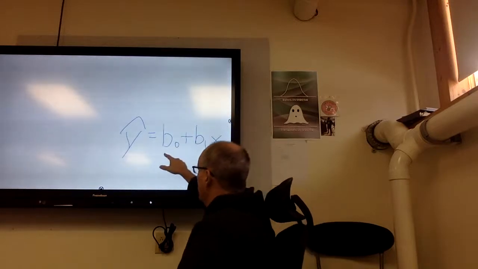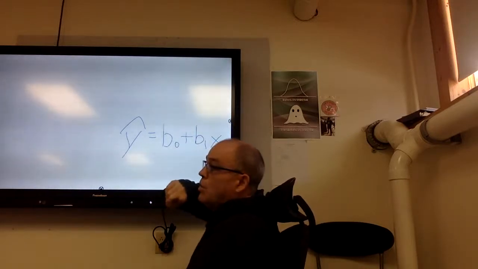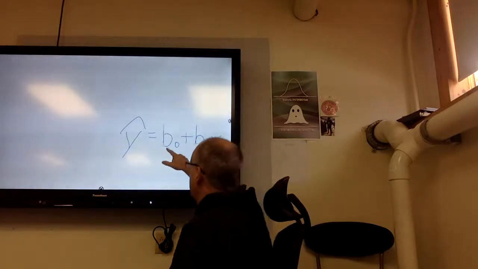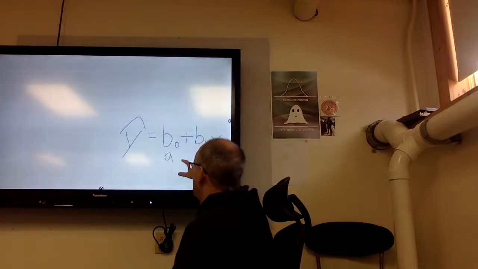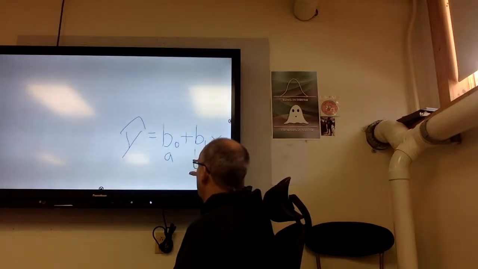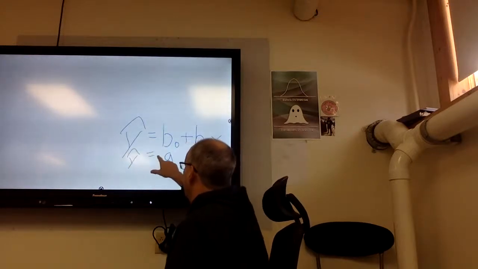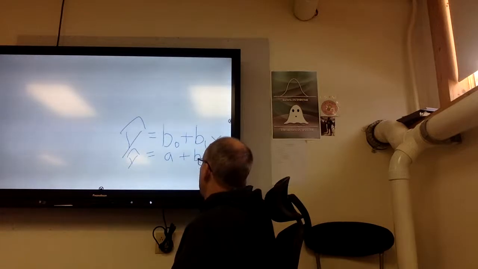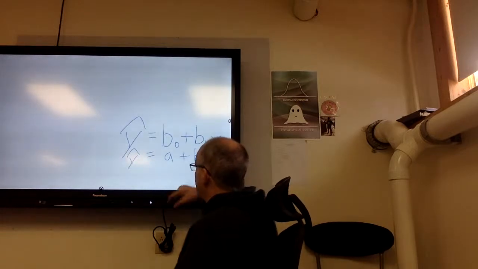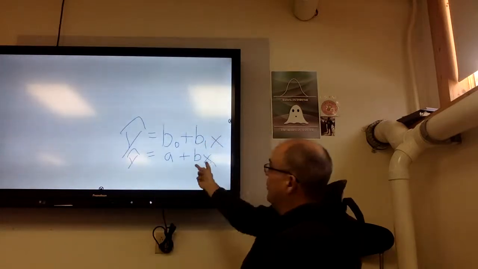Keep in mind that the calculator and also our book, our website, rather than b0, call it a for the y-intercept, and the slope it calls just b. So it would be y hat equals a plus bx, like that. They both have the same form.